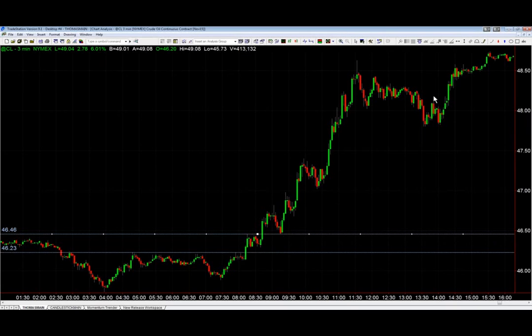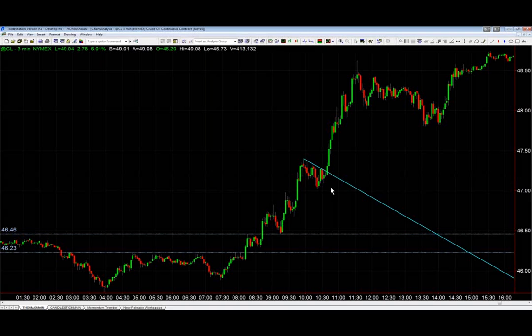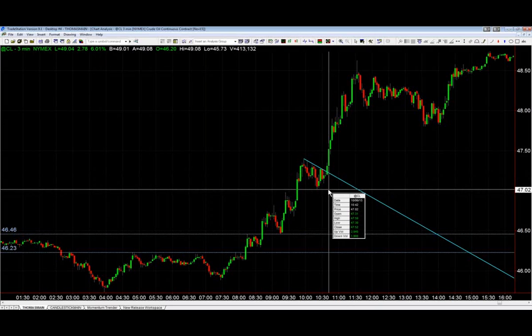So the major trend is up. Then here's your micro trend. Here's your entry. If you're in the trading room, we talked about this, 47.25. Count your price bars, 1, 2, 3.